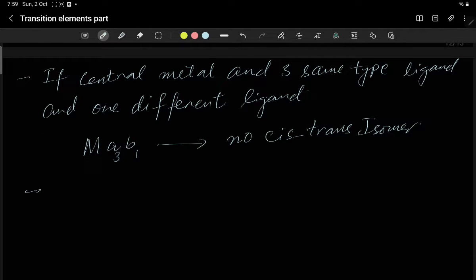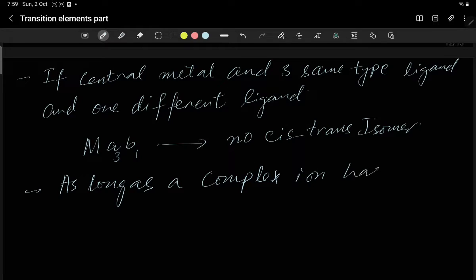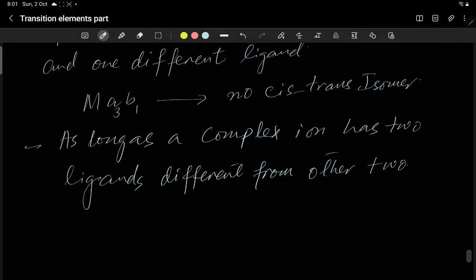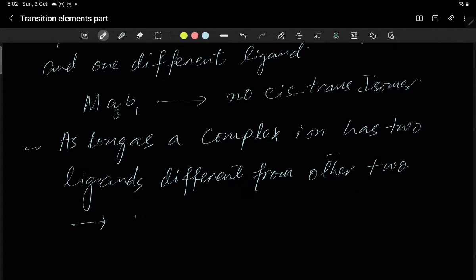So as long as a complex ion has two ligands different from the other two, then there will be cis trans isomers.